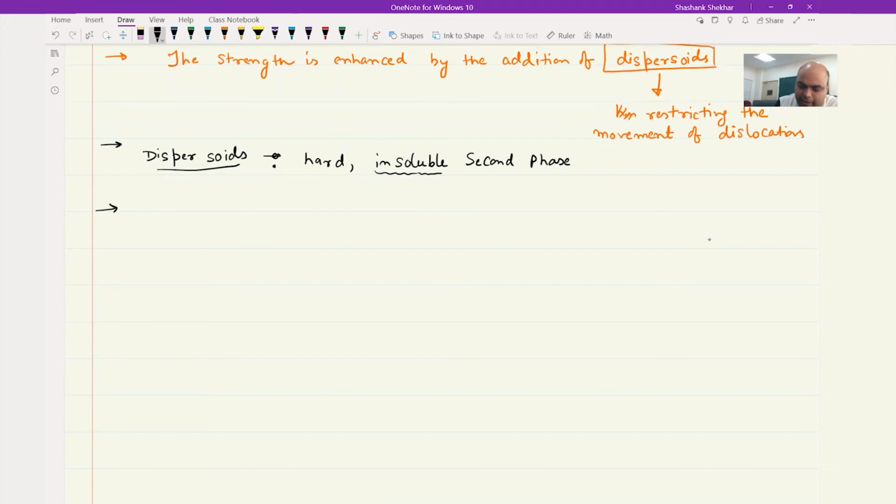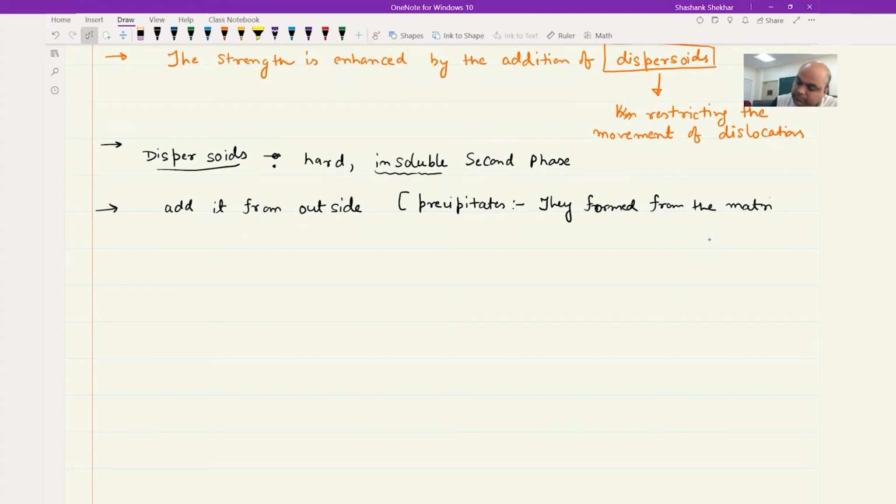So dispersoids you add from outside. Okay, and if you remember, precipitates formed from the matrix, like beta phase formed from the alpha matrix. But here we are adding dispersoids from outside.